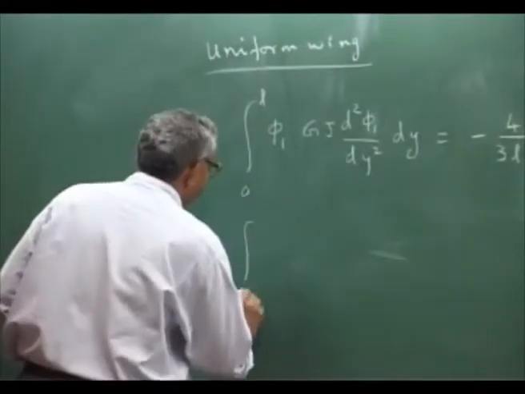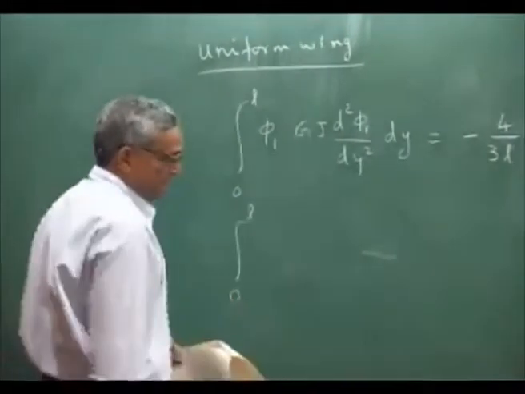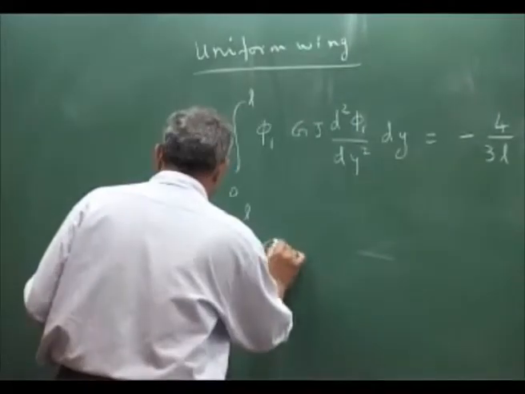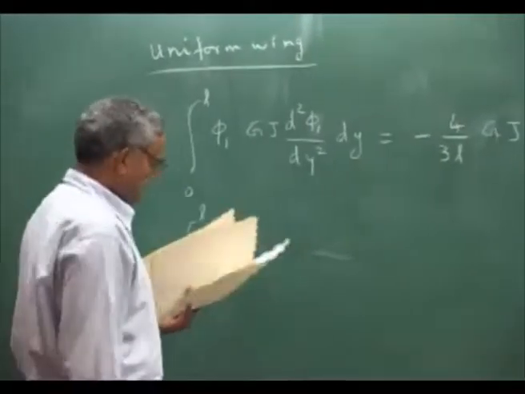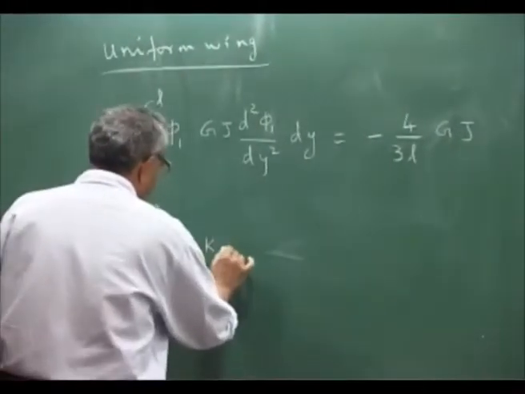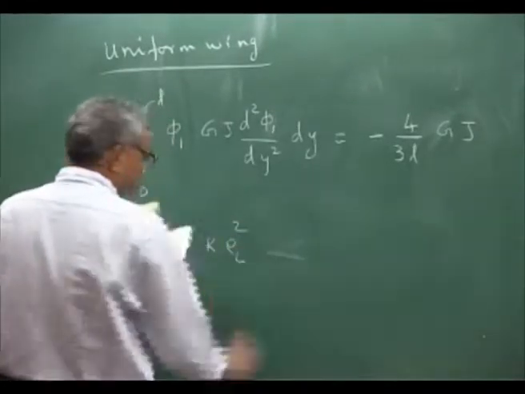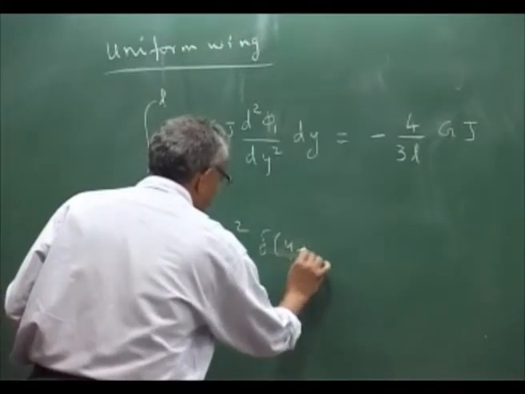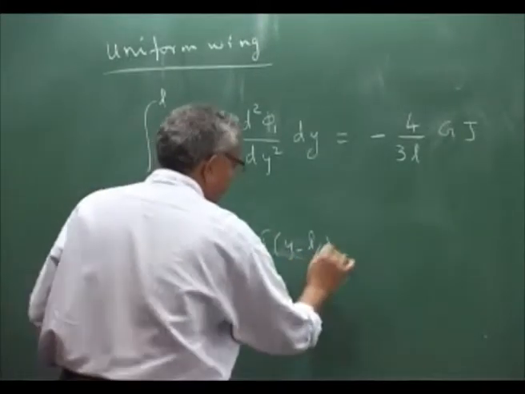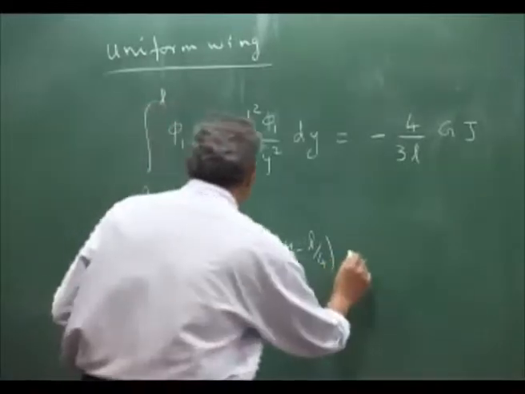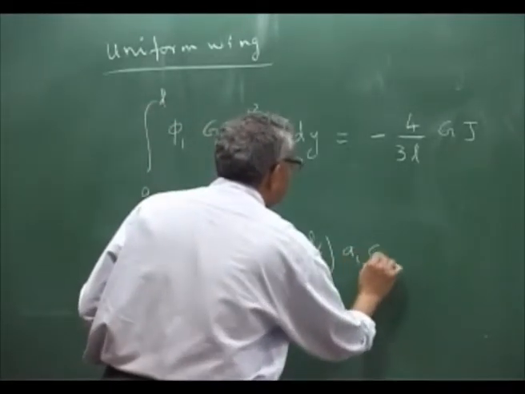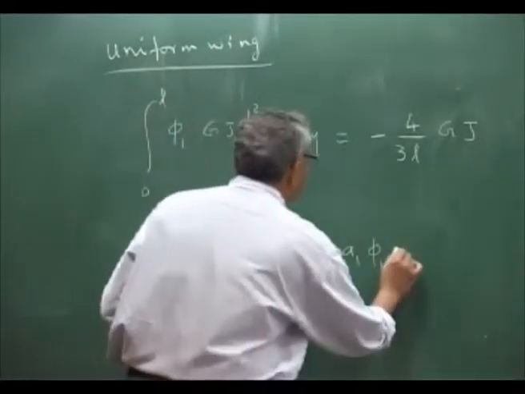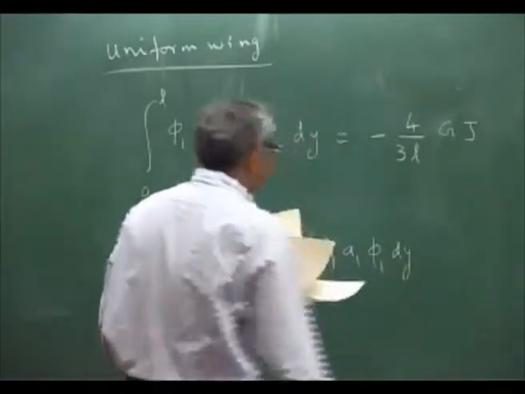So essentially this term will become integral 0 to L phi1, okay, K el square delta of y minus L over 4 and a1 phi1 dy, right?